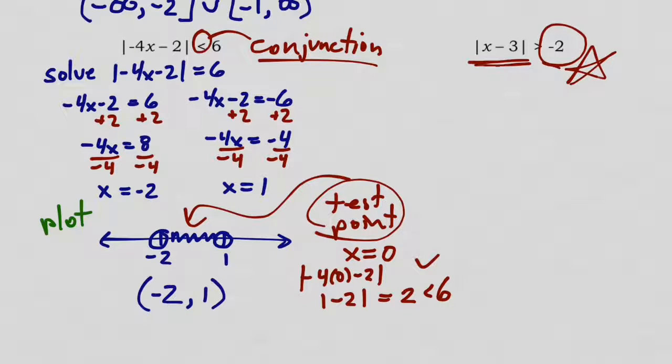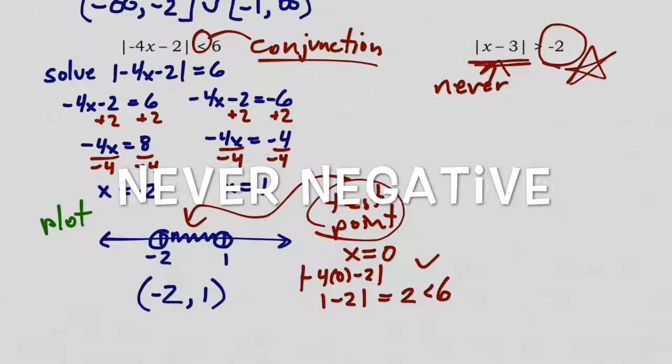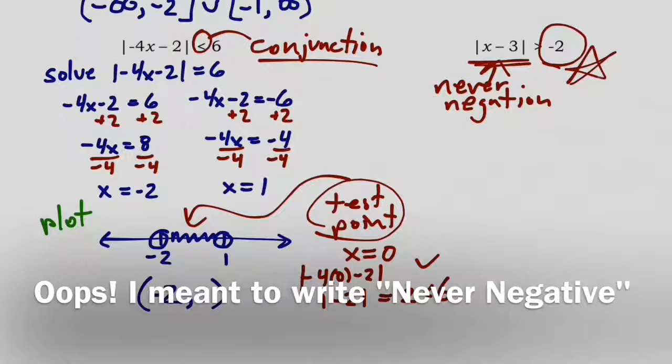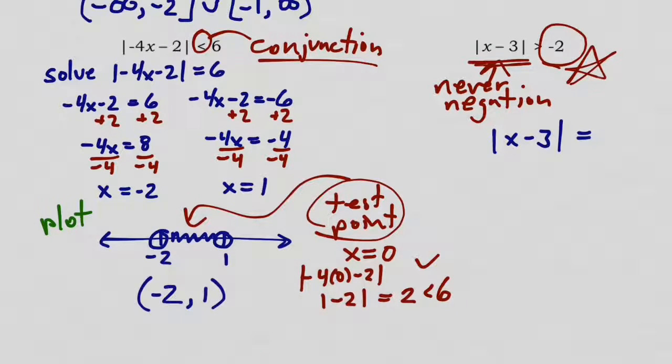Absolute value signs are always non-negative. So it doesn't make a lot of sense to think about the related equation, the absolute value of x minus 3 equals -2, because this equation is going to have no solutions, because an absolute value expression can never be negative.